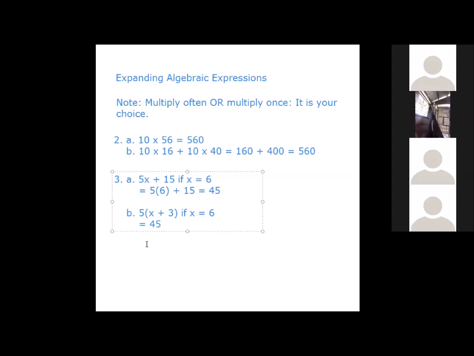Right? Yes, ma'am. Okay. Now, 5 and then parenthesis x plus 3, where x is 7. 7 plus 3 is 10. 10 times 5 is 50.